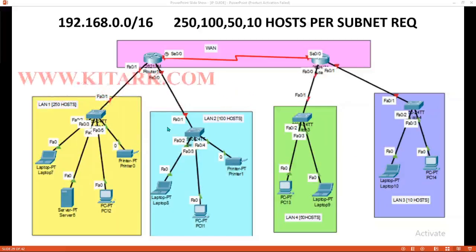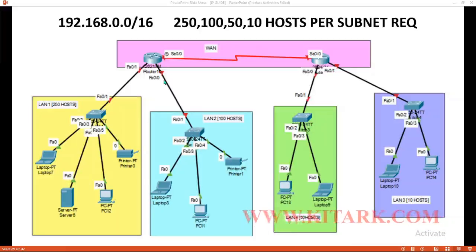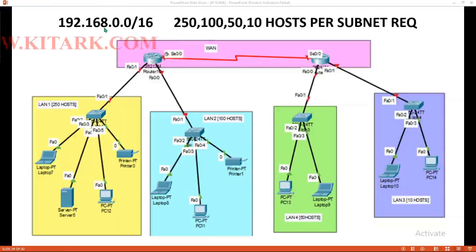First of all, when doing this calculation, you need to move in descending order, which means from the highest value to the lowest. Okay, so 250, 100, then 50, then 10, then 2 for the WAN. One by one we will subnet this particular network, 192.168.0.0/16.